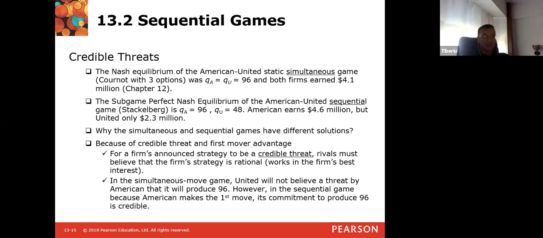American earns 4.6 million, but United only 2.3 million. Why do the simultaneous and sequential games have different solutions? Because of credible threat and first mover advantage. For a firm's announced strategy to be a credible threat, rivals must believe that the firm's strategy is rational.